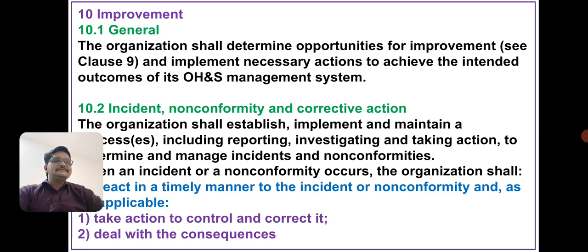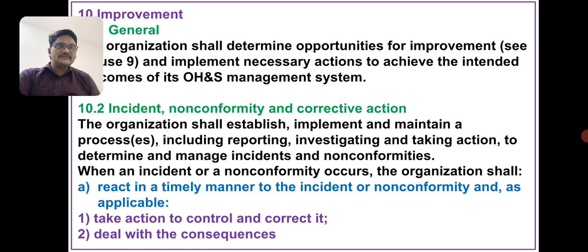Next subclass is 10.2, that is incident, non-conformity and corrective action. For this, organization shall establish, implement and maintain a process including reporting, investigating and taking action to determine and manage incident and non-conformity. When an incident or non-conformity occurs, the organization shall react in a timely manner to incident or non-conformity as applicable.